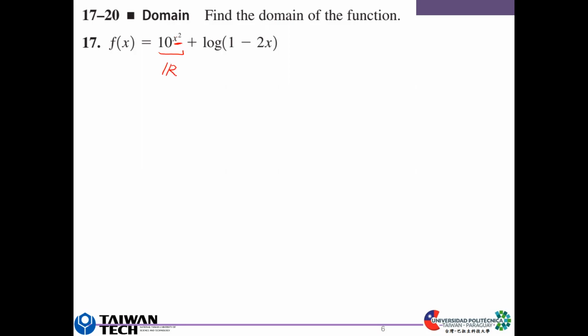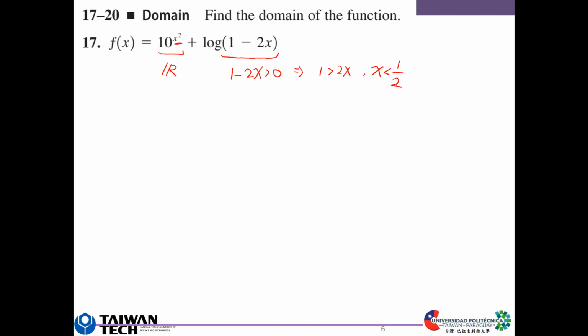Any real number could satisfy 10 to the power of x squared. And if we look at the second term, what is inside the log must always be larger than 0. So we have 1 minus 2x larger than 0, which means 1 larger than 2x, x smaller than 1 over 2.